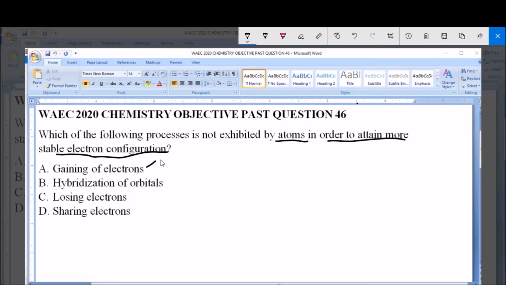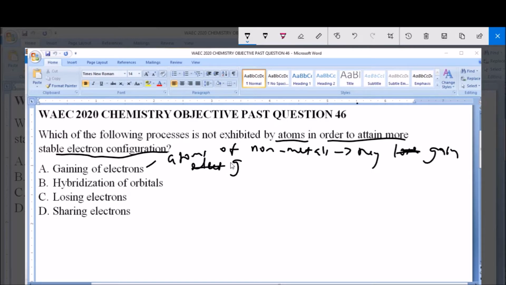Now, option A, which is gaining of electrons, is seen in atoms of non-metals. Atoms of non-metals gain electrons to attain stable duplet or octet state.